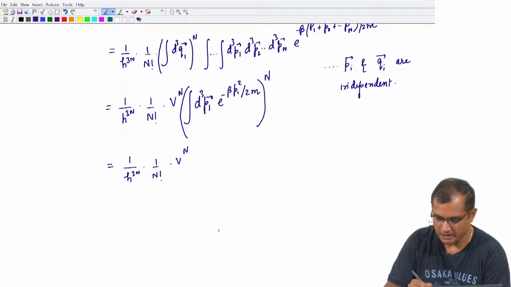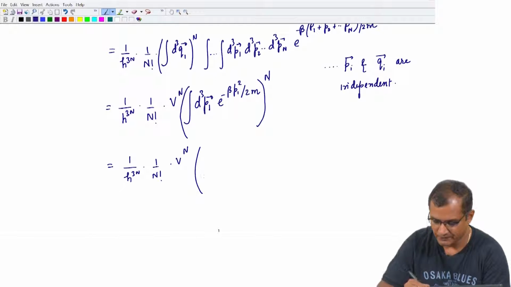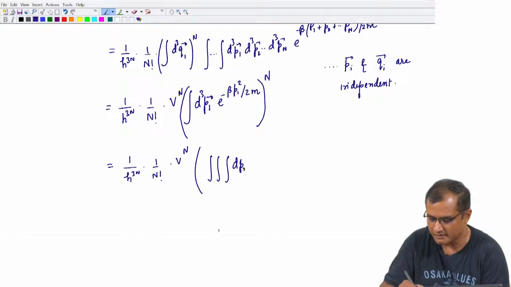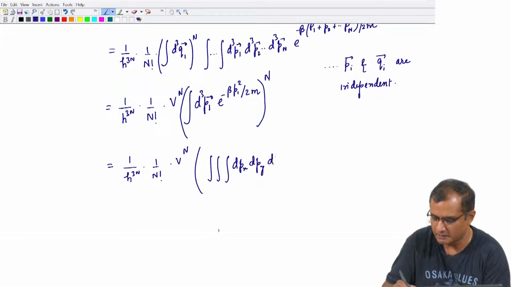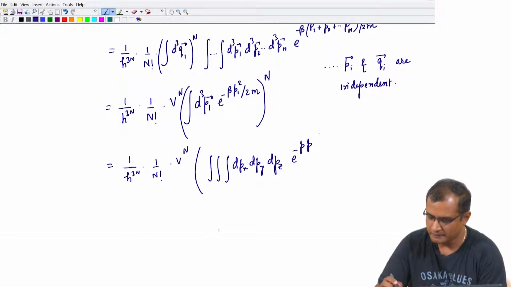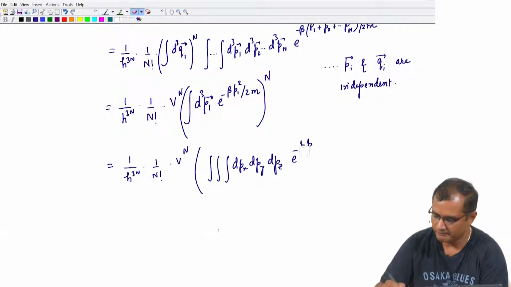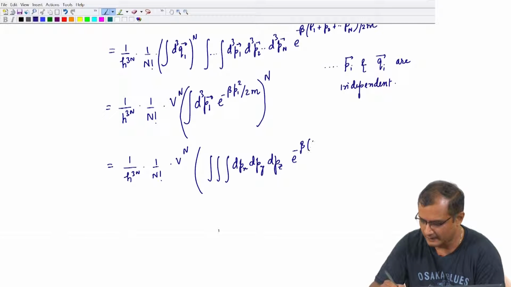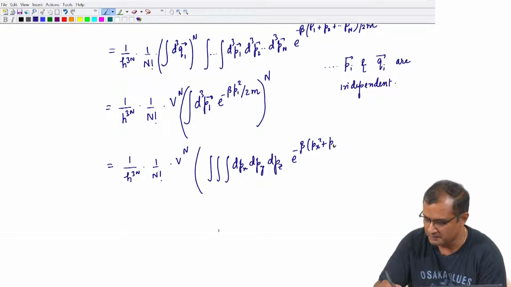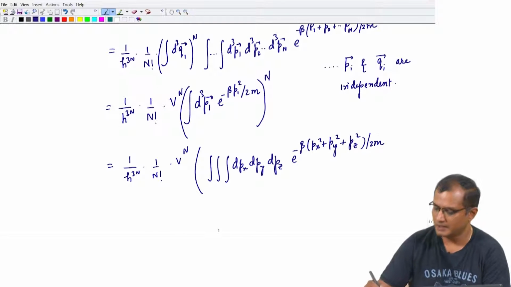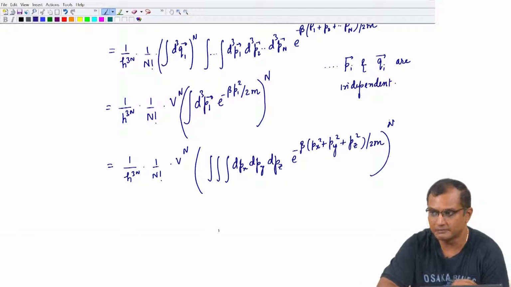So, I can write d cube p 1 as a triple integral dpx, dpy and dpz of e raised to minus beta, px square plus py square plus pz square of the first particle, by 2m, and I can raise the entire thing to n.